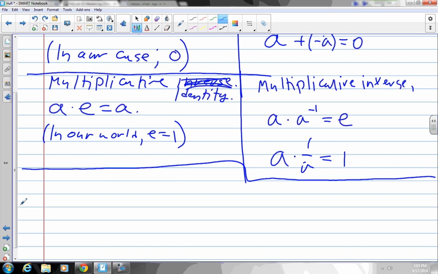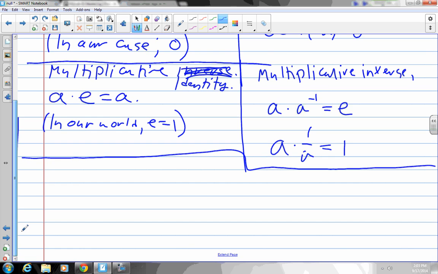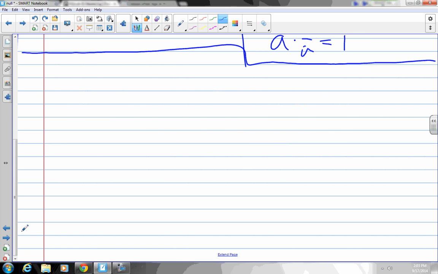So what you notice is that these two numbers have to have opposite signs. In order to make it 0, it has to have the opposite sign of the original number. In order to make it 1, it's just a reciprocal. Well, the reciprocal retains the sign. So 1 is always positive, negative 1 is always negative. So it doesn't work. There's no real number for which the multiplicative inverse is the same as the additive inverse.